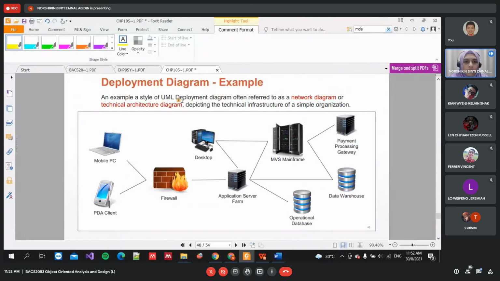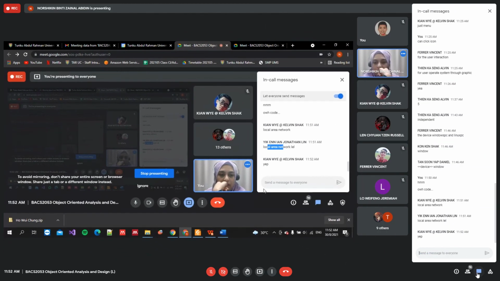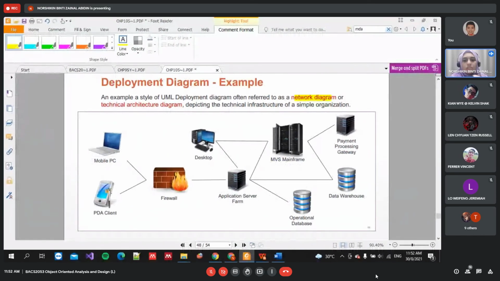An example of the style of a UML deployment diagram. Like I said, a deployment diagram shows the physical hardware, often referred to as a network diagram. If you study networking, do you have a networking subject? I think you should know this better then. So this is a topology or technical architecture diagram. This one is an example: mobile, PC, hardware.